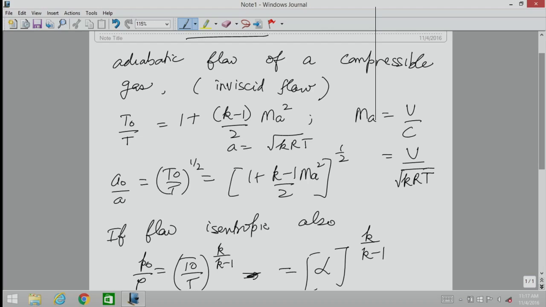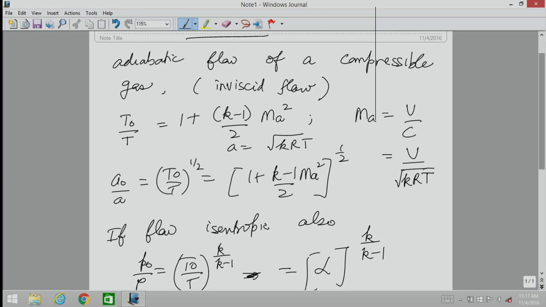Of course, here again, it is not a direct equation in that sense because Mach also contains temperature. In Mach number, it's the local Mach number at that point, which means it's V by C, and C is not constant. So now you have to get used to the fact that when we are talking of a flow situation, the speed of sound is also changing from point to point, because for ideal gas, it is square root of KRT.